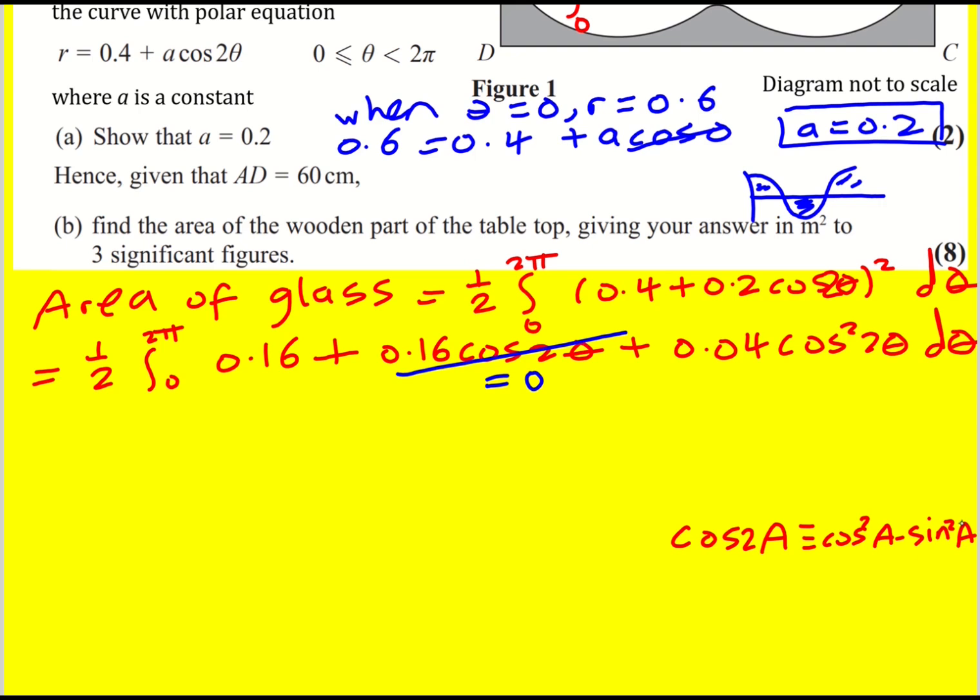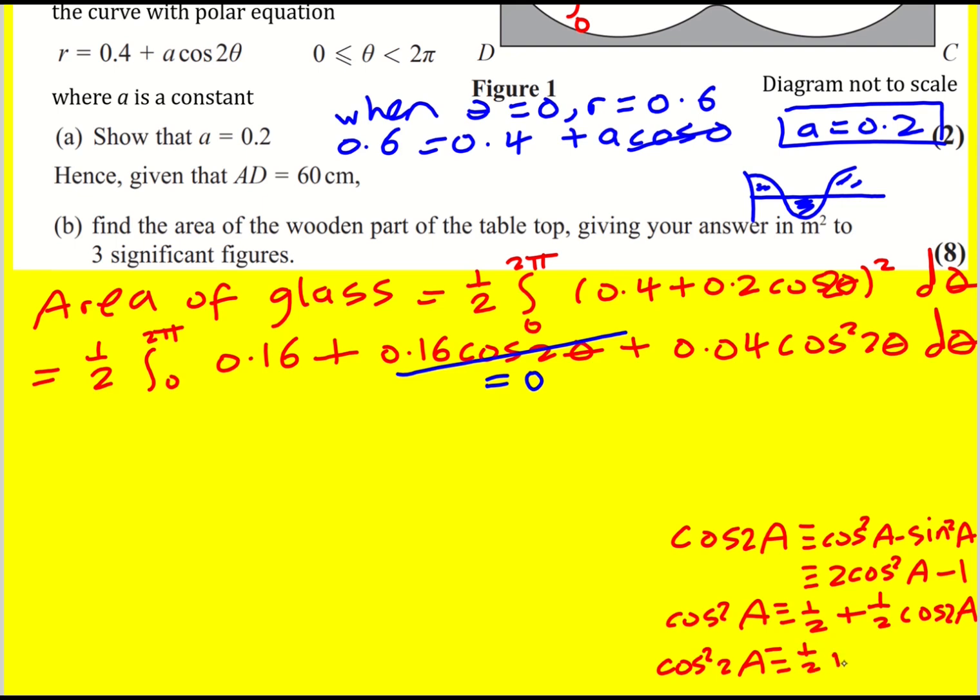I can replace sine squared by 1 minus cos squared and get 2 cos squared a minus 1. Then cos squared a becomes a half plus a half cos 2a. Therefore cos squared 2a, which is what we want, is identical to a half plus a half cos 4a. And that is what I can put in here.